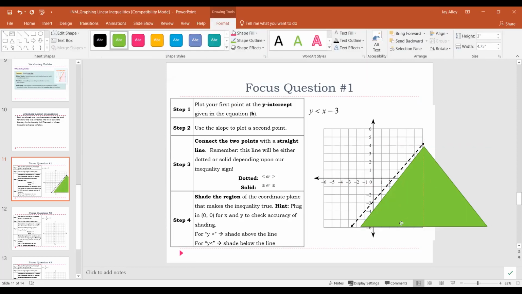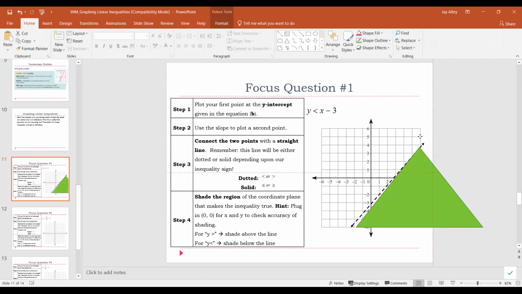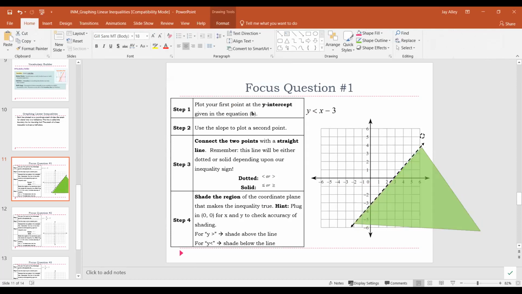All this area below my dashed line, everything below that dashed line, is part of my solution. It's simpler for me to do this sort of big block area on this PowerPoint than to try to draw a bunch of lines.